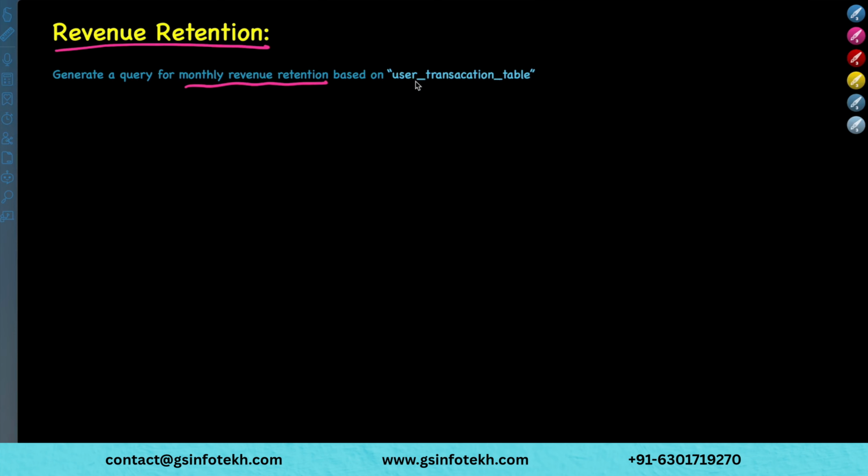We have a table name here, but we don't have any schema for the table. So let's quickly make some assumptions about the columns or data fields that may be present in the table.